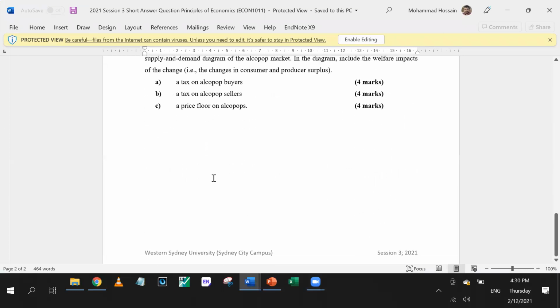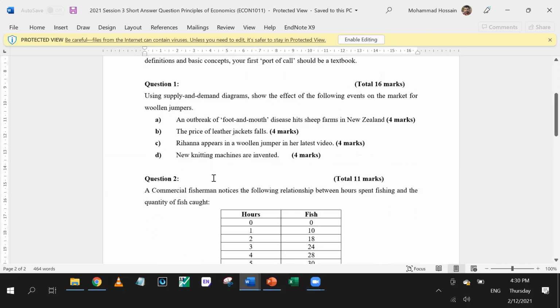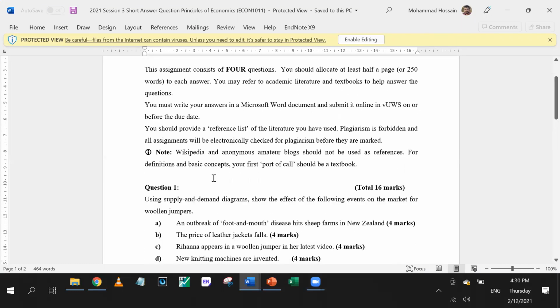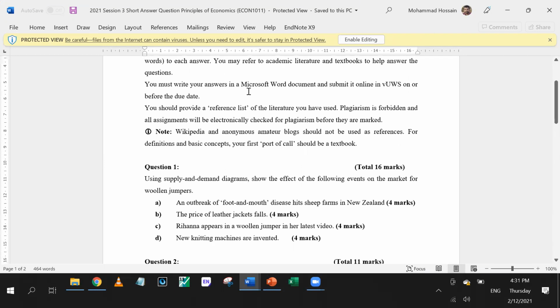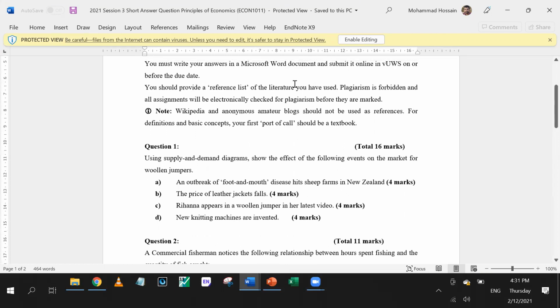You should allocate at least half a page or 250 words on each. You may refer to academic literature and textbooks to help answer the questions. You must write your answers in a Microsoft Word document and submit it online before the due date. You should provide a reference list if you have used anything.